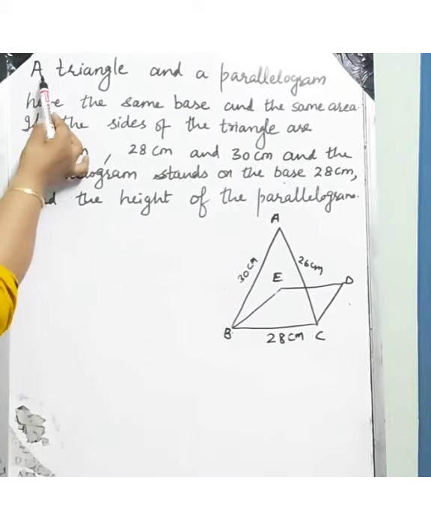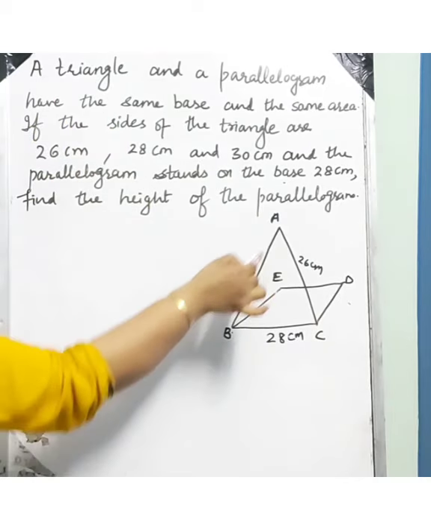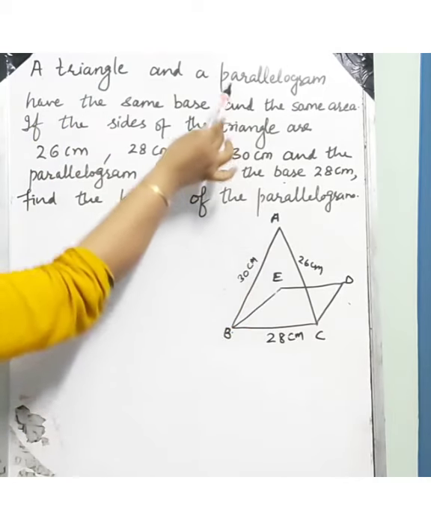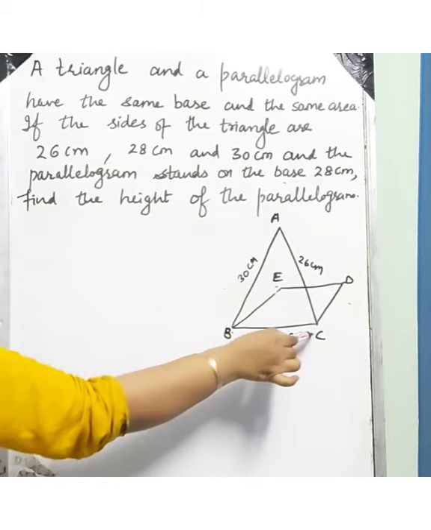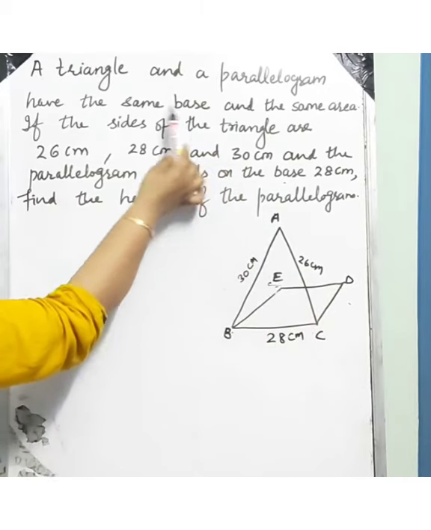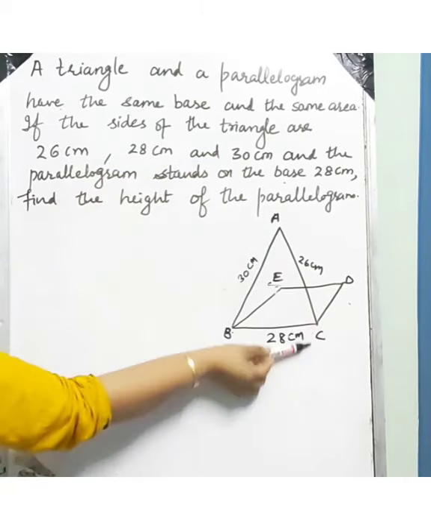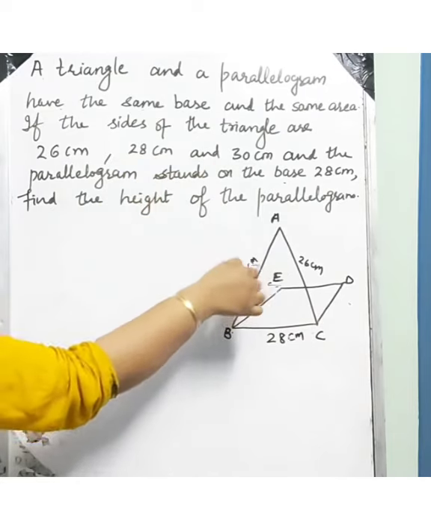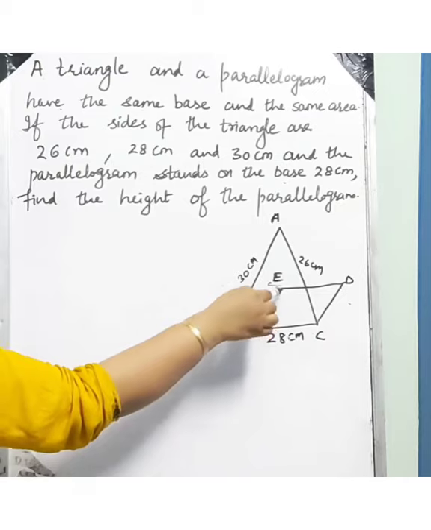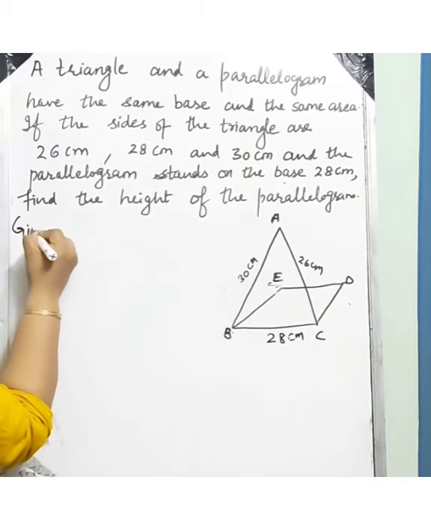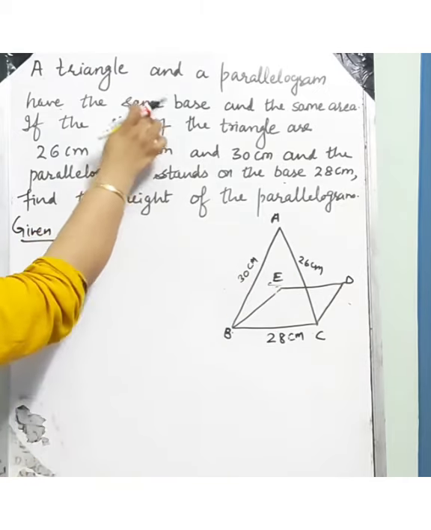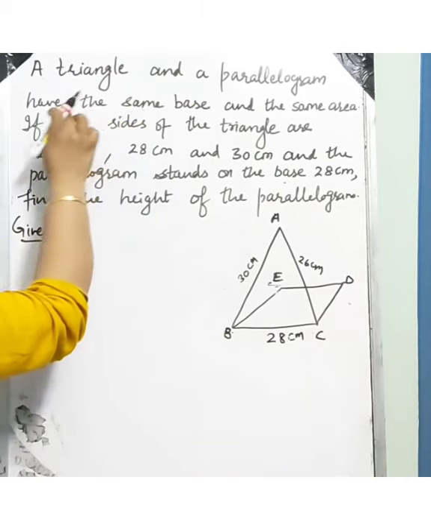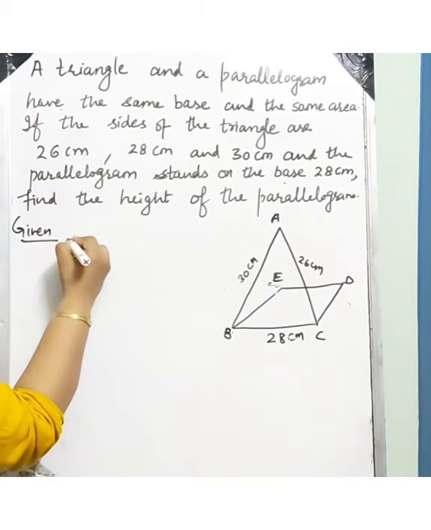Now the question is, a triangle and a parallelogram have the same base and have the same area. What is given? It is given that a triangle and a parallelogram have the same base.